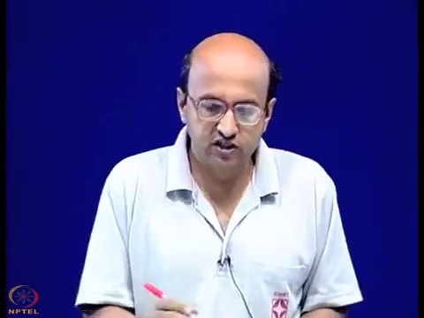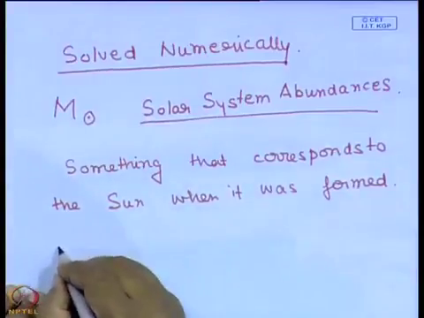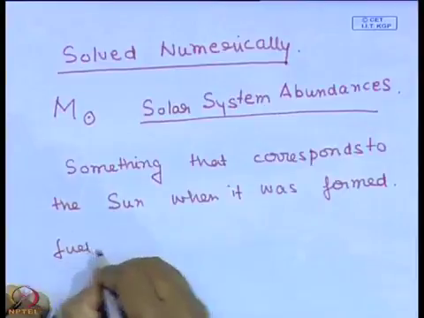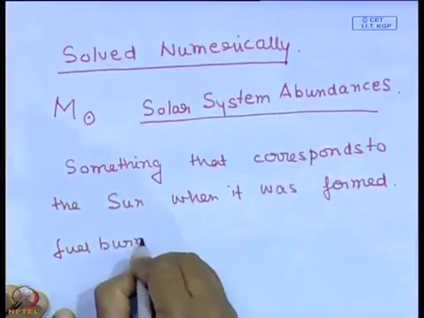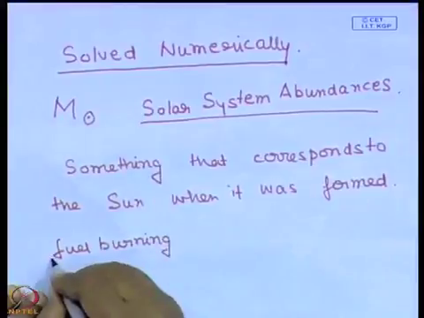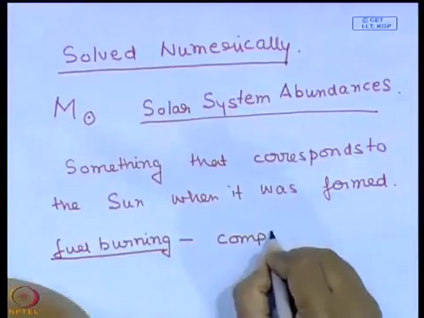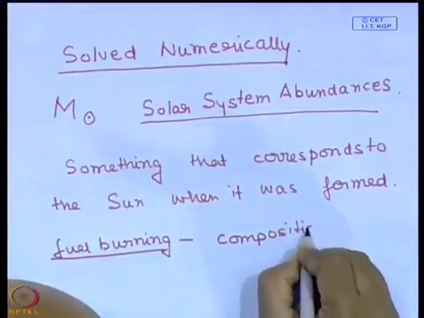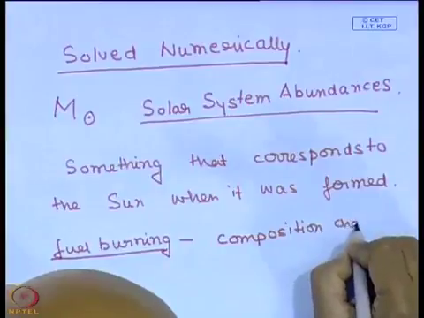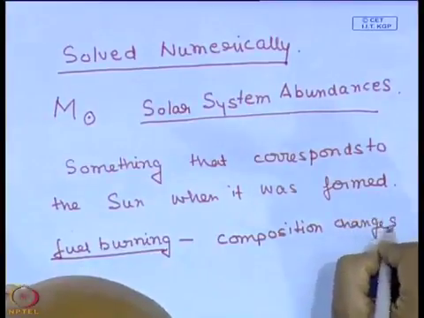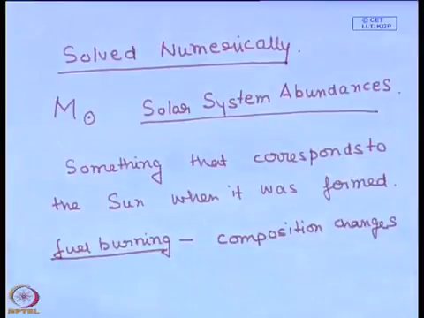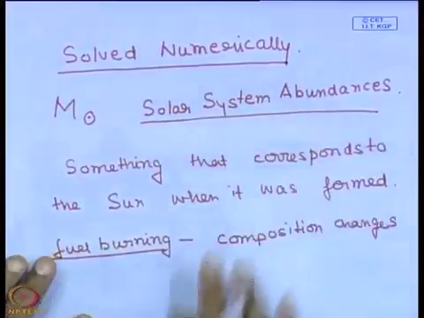Now, as the sun burns the fuel, the composition changes, right, the whole thing evolves. So there is fuel burning and the composition changes. One has to take this into account and again solve the equation. Initially the composition was the same throughout, the solar abundance.